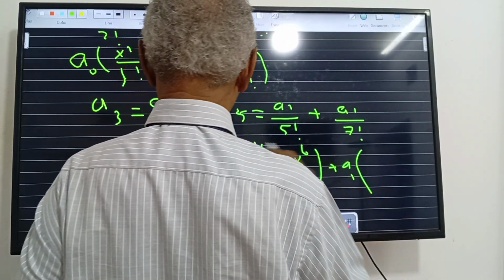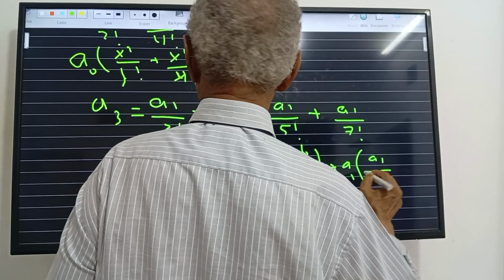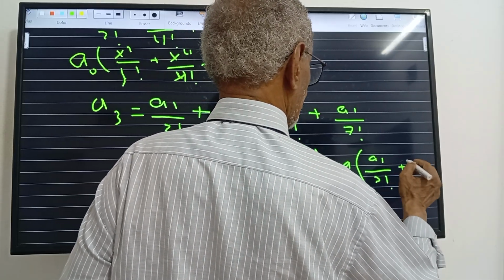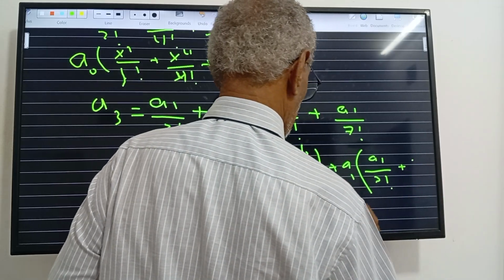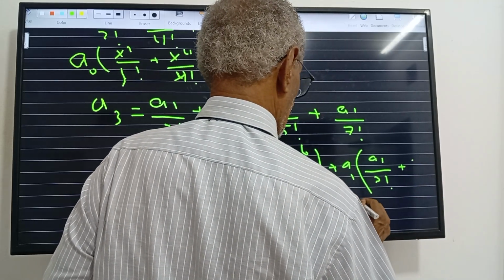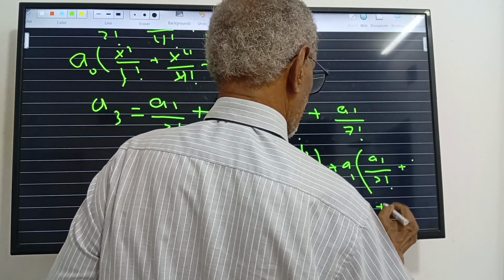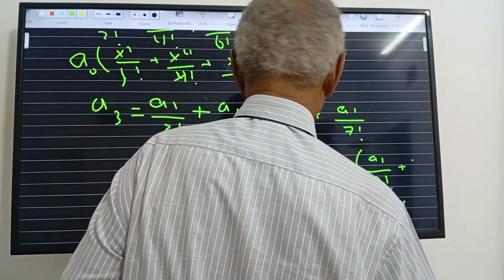Here, A3 equals A1 over 3 factorial, plus A1 over 5 factorial, plus A1 over 7 factorial.